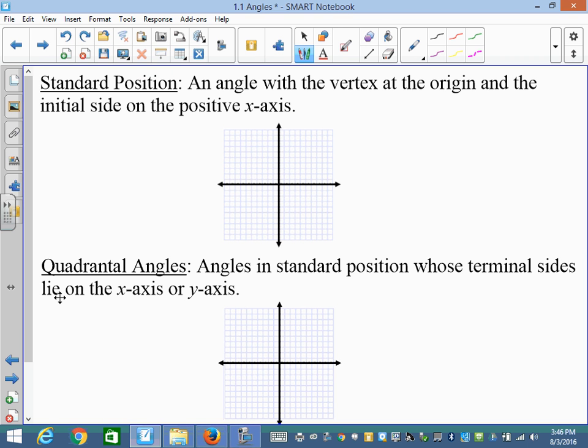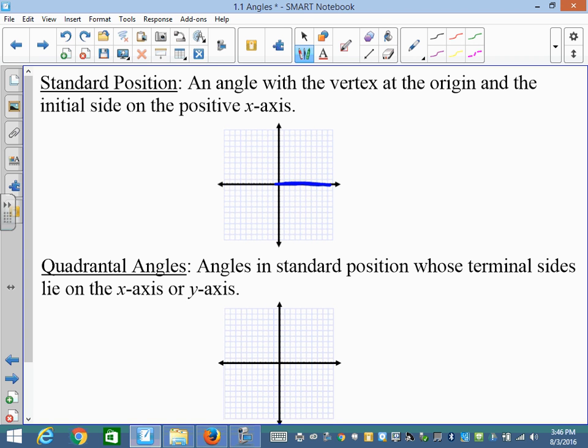Okay, standard position: an angle with the vertex at the origin and the initial side on the positive x-axis. This is an angle in standard position. I'm going to change this to blue because we had those before.